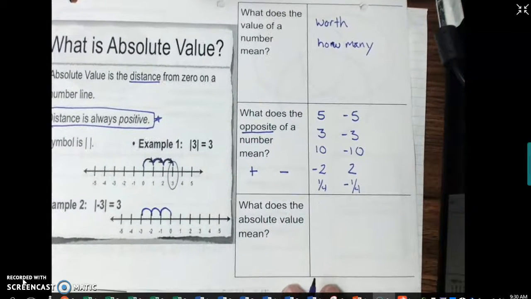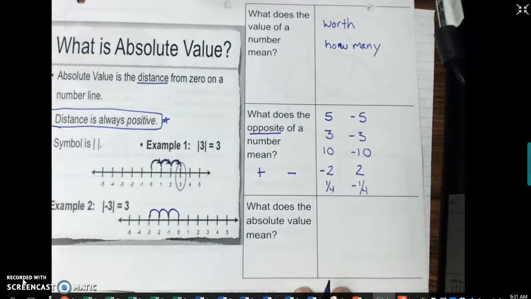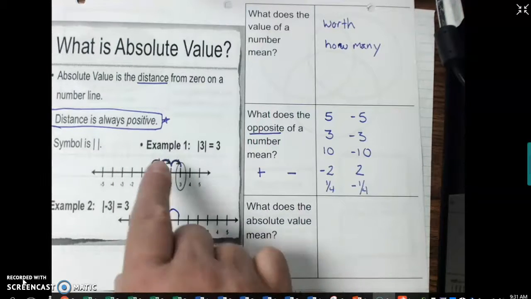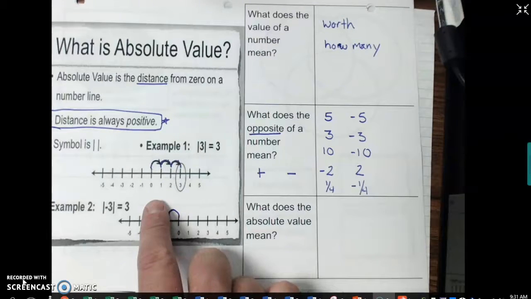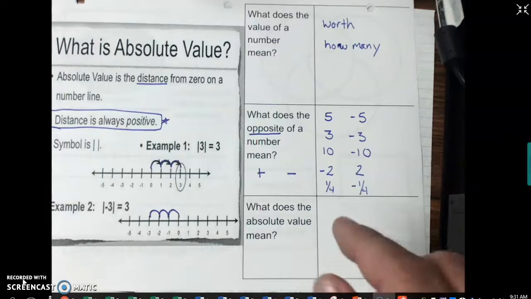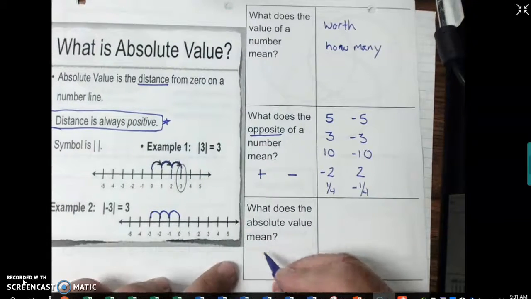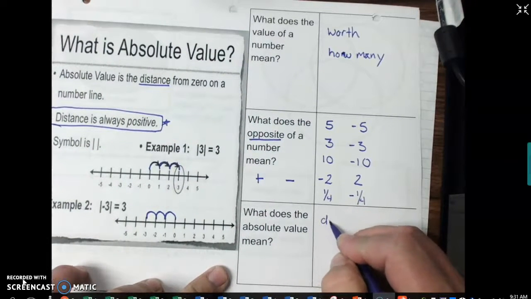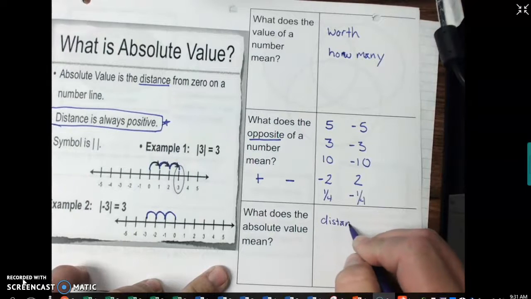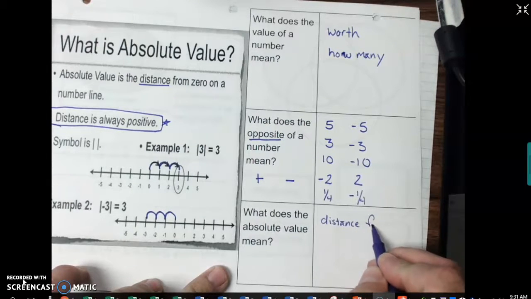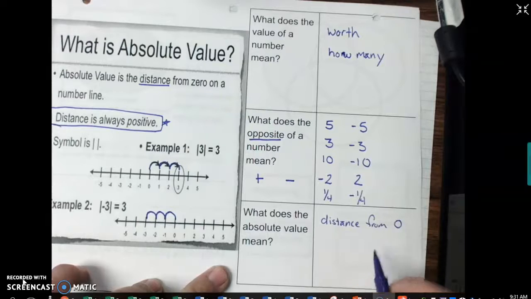Positives and negatives. What does the absolute value mean? It's over here. Somebody tell me what absolute value means. Emily. Distance from 0. Okay.